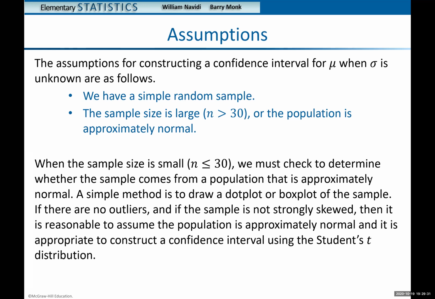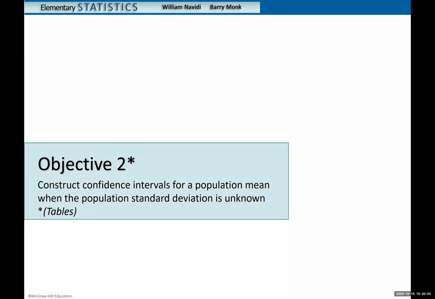And just like what we did at the previous example from the book, if it's less than 30, you can use a dot plot or a box plot of the samples. If you see a shape of a normal curve, then you can solve for the confidence interval. But if you see it skewed to the right or skewed to the left, then you won't be able to solve for the confidence interval. You can stop and do not solve for it.